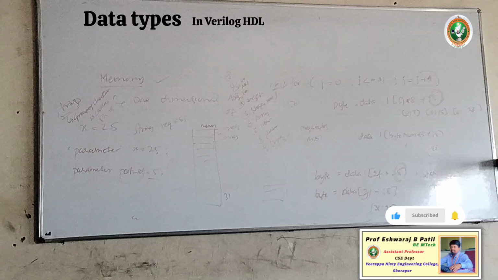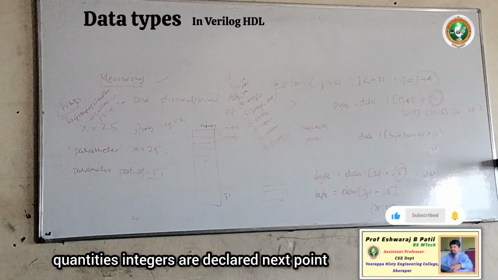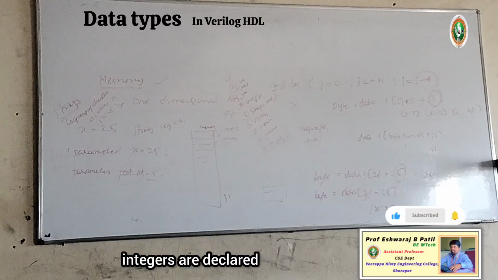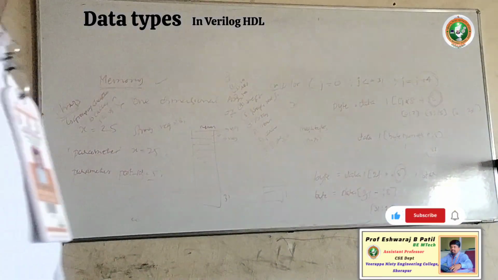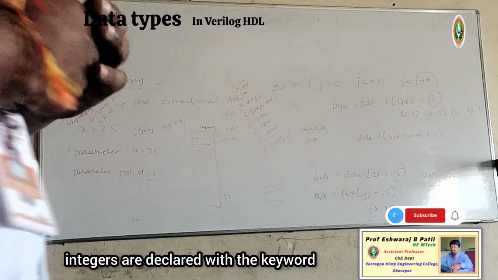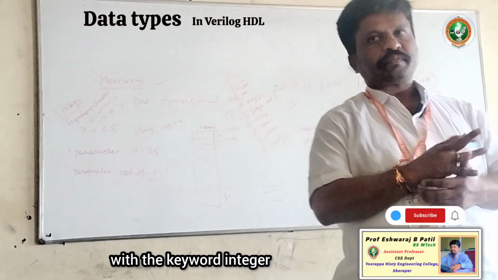Quantities, we use when we have to manipulate them. Next point: integers are declared with the keyword integer.